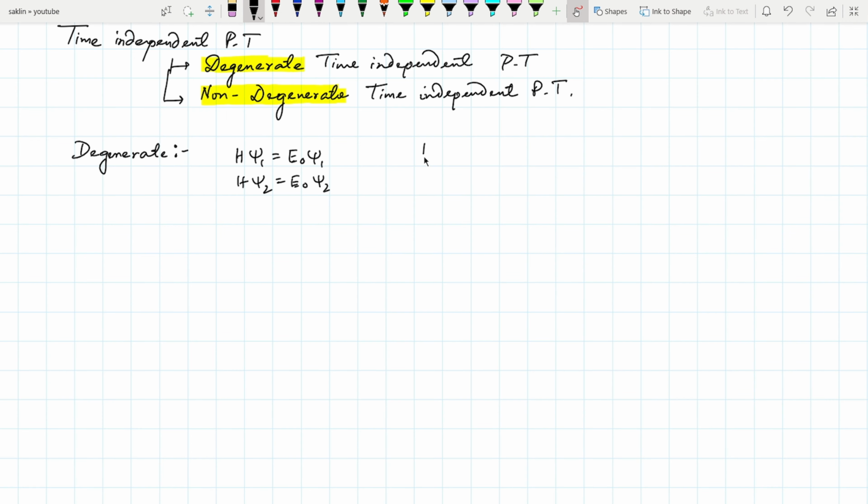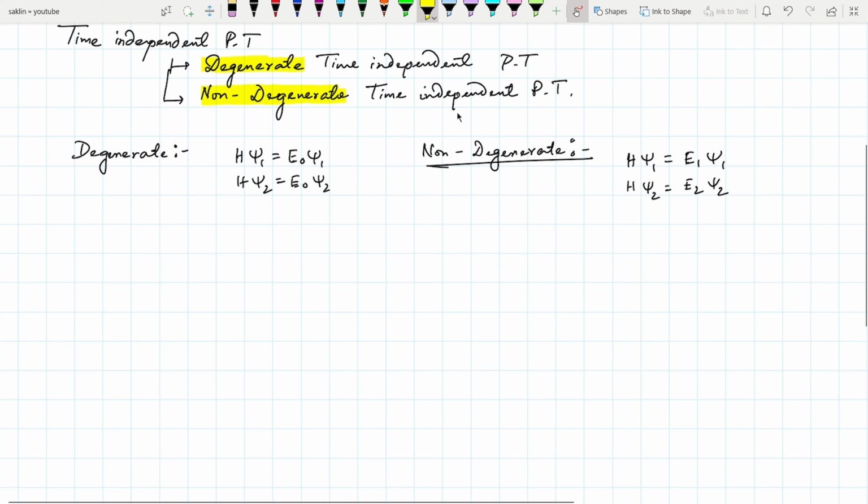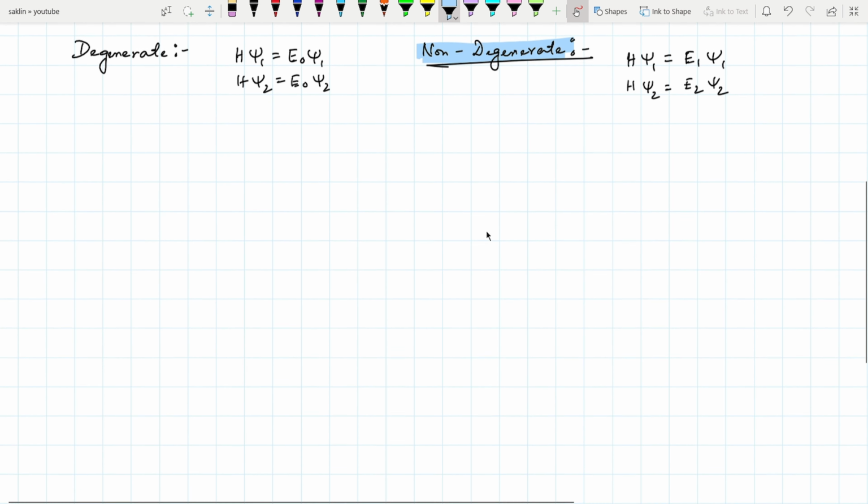And for the non-degenerate case, there are different eigenvalues for different wave functions. In this video I will cover only non-degenerate time independent perturbation theory. So let's get started.